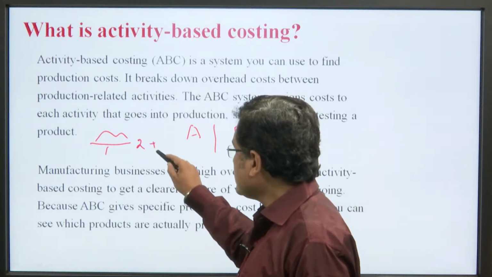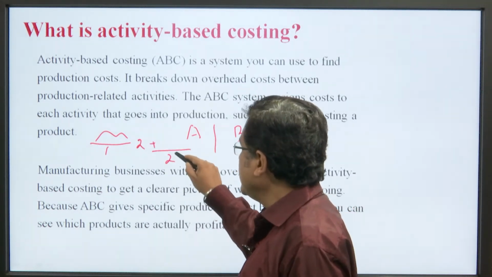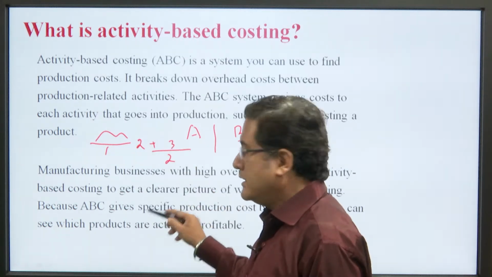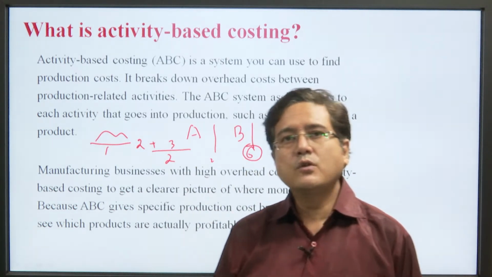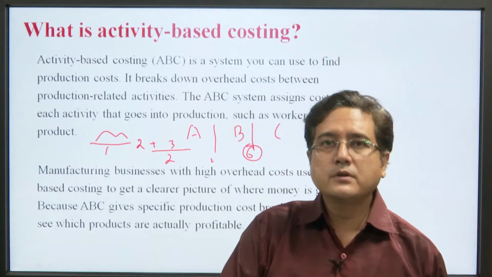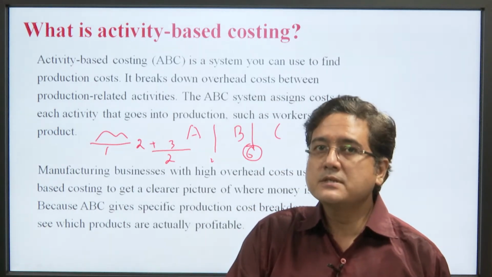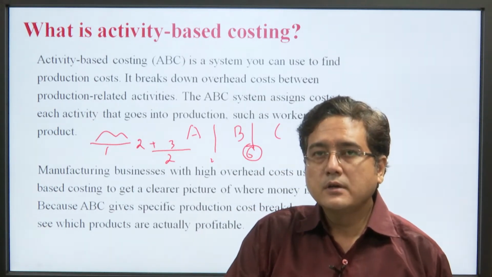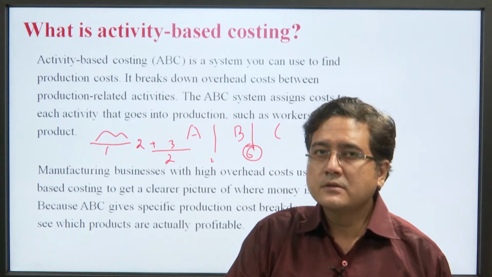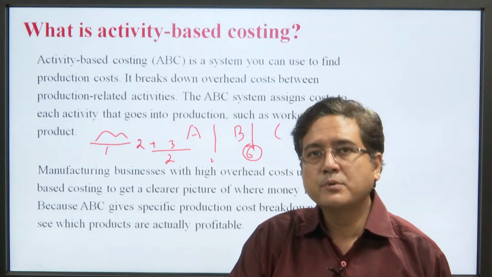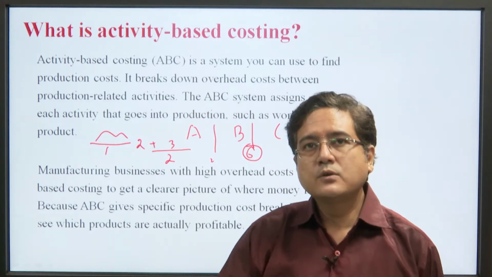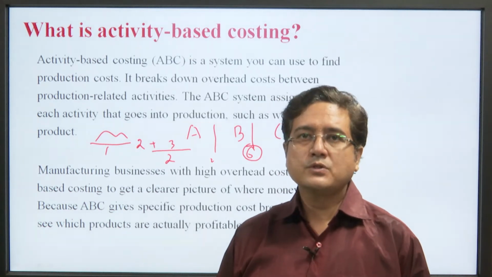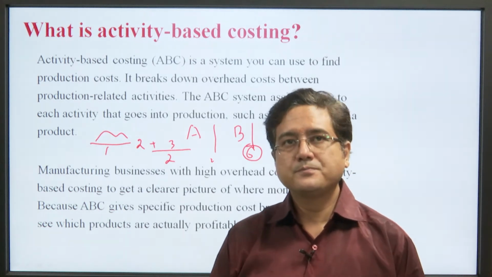Next step of production, you can say 3 rupees per unit, and at last you find that our overall cost per unit is 6 rupees. So ABC helps production managers and cost managers to understand the various aspects of costing at various levels of production.